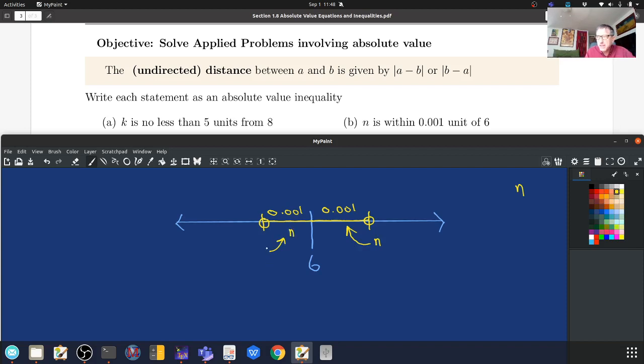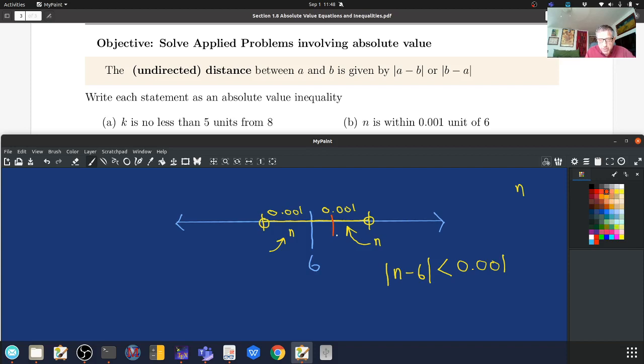So that means if I subtract n, if I subtract from any value of n, if I subtract 6 from it, I'm going to be less than this distance. So, okay, let me do it. So I said n is in this area.